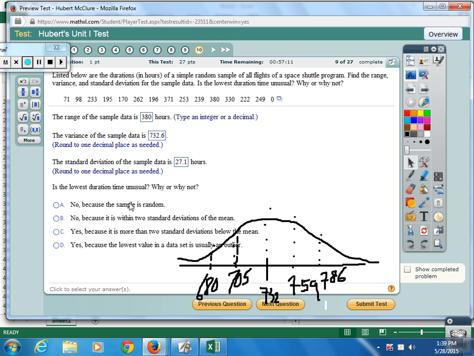Is it unusual? That means, is it normal? Anyway, yes, it is unusual. Wait a minute. Lowest duration time is 0, so that would be way out here. Is it unusual? Yes, it would be. So it's D. Okay.